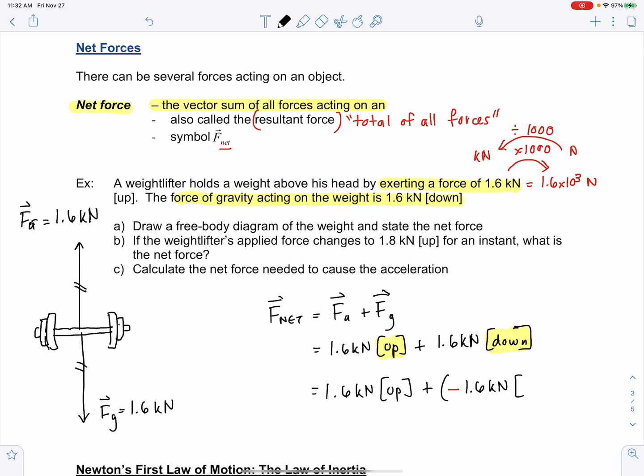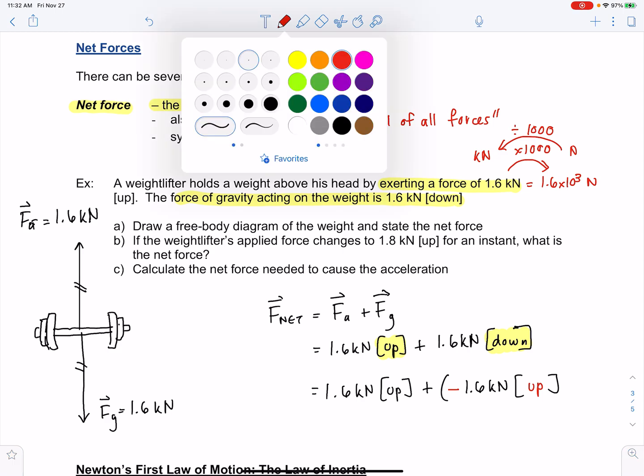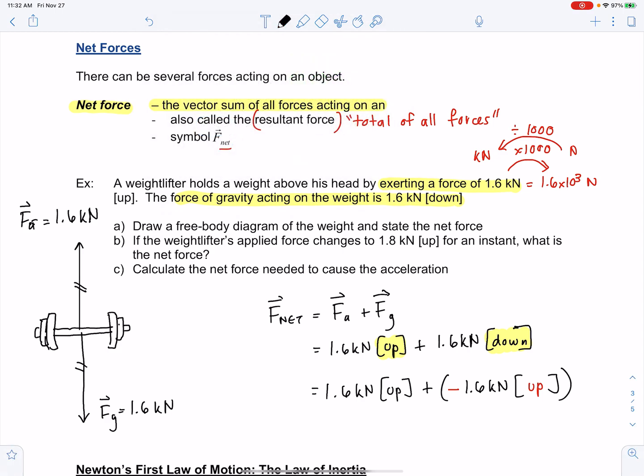If I change the sign, I will change the direction. So it'll go from down to up. So we have 1.6 kilonewtons up plus negative 1.6 kilonewtons up.